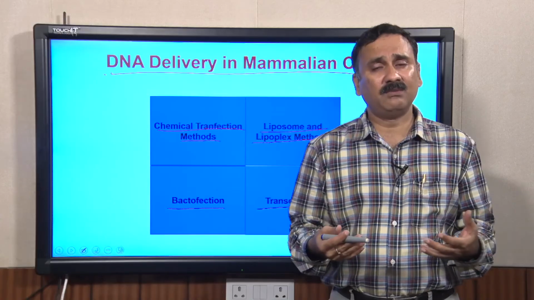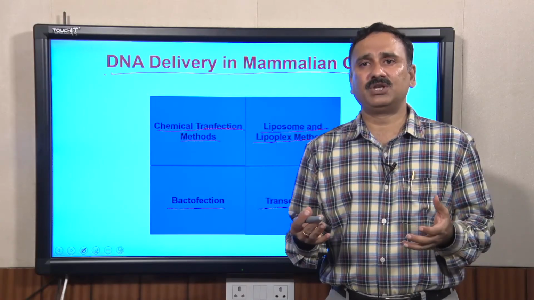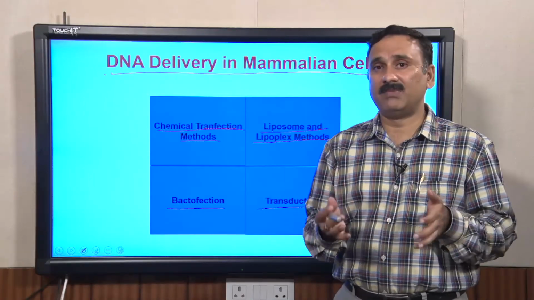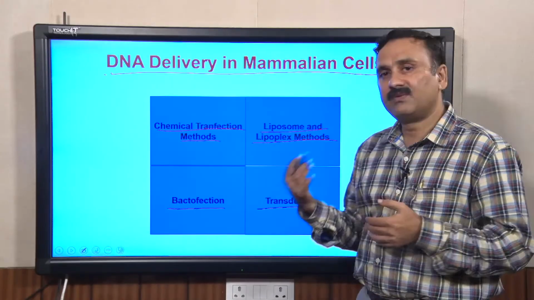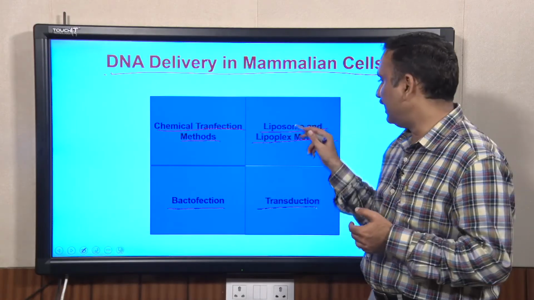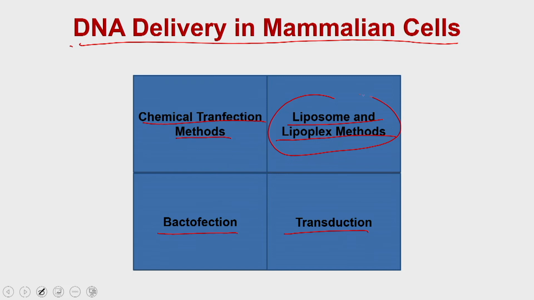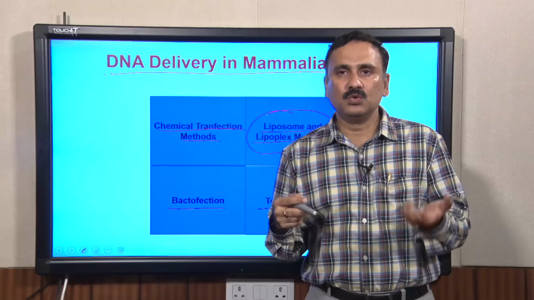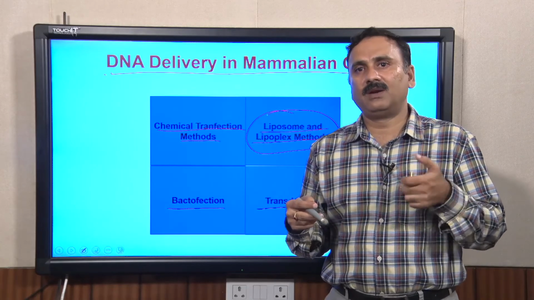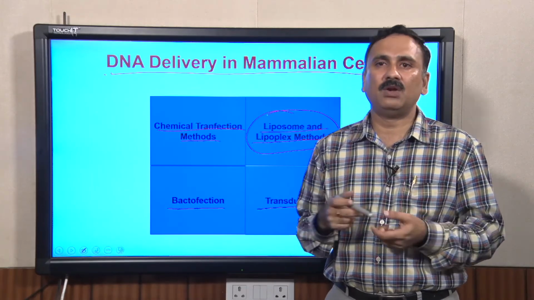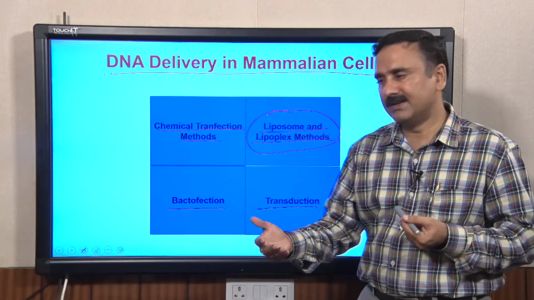We have given you a demo of how to do transfections into bacterial cells and mammalian cells, and the different steps you should follow. We took the liposome or lipoplex method as an example, and showed you a demo of the different precautions you should take while doing transfections into mammalian cells.